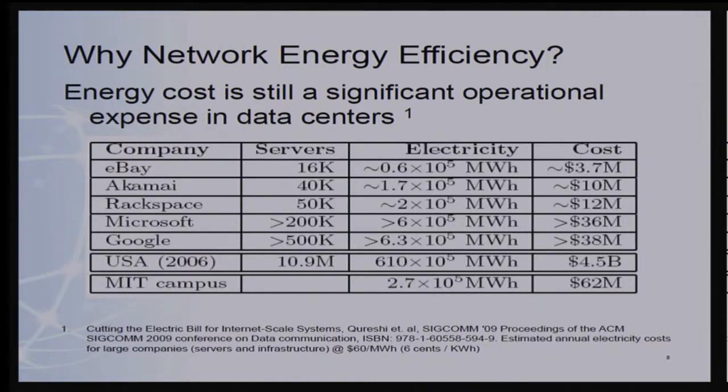And then just to translate that into dollars, energy cost is still a significant expense. Again, in data centers, I'll just point out the biggest number here, which is from 2006: the entire United States spent about $4.5 billion in data center energy costs. So it does add up.